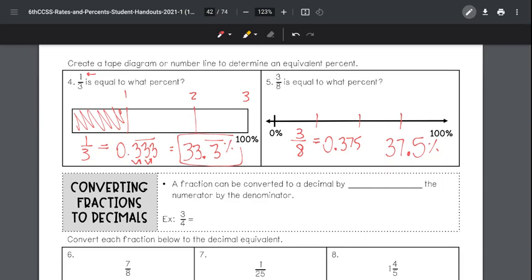So let's see. 3/8. Where to plot that on the number line? I split this into fourths, okay? 1/4, 2/4, 3/4, 4/4, 1 whole. Okay, but I have 3/8. Well, 1/4 is the same thing as 2/8, which means 2/4 would be 4/8. To plot 3/8 is going to go right in the middle.